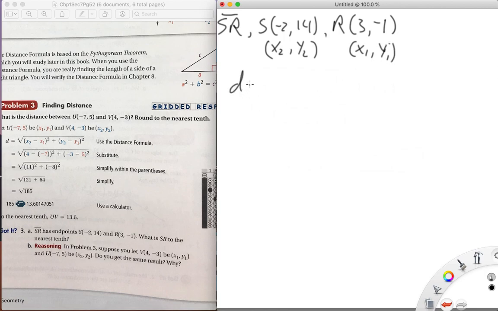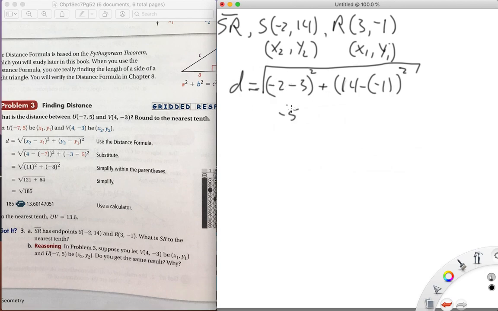So when I do the formula, now that this is my x2, it's going to be -2 minus 3, as opposed to 3 plus -2. And then this is going to be 14 minus -1, as opposed to -1 minus 14, squared, square root. This is -5 squared plus 15 squared.